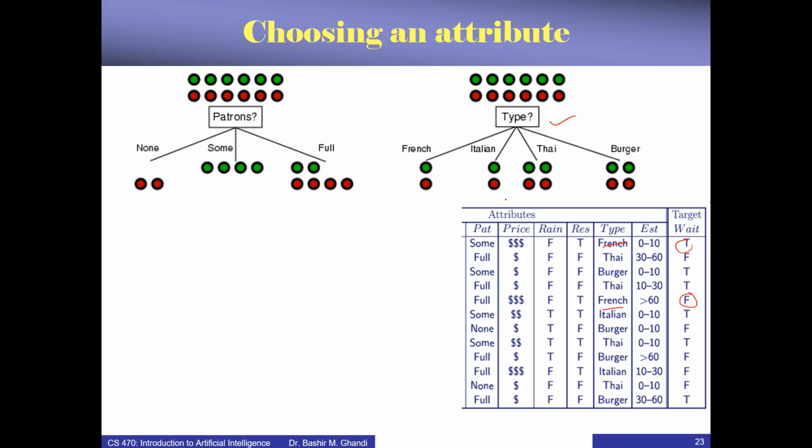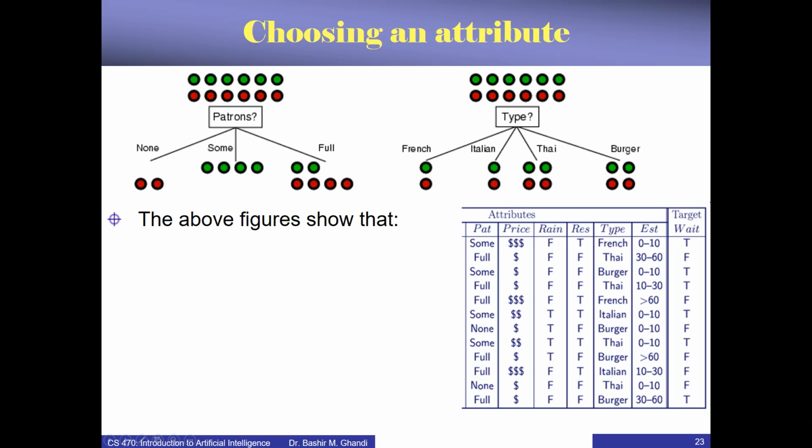The same thing for Italian: one is true and one is false. For the Thai, there are four of them, again two are true, two are false. And for the Burger, the same thing, two true, two false. So this is a very bad attribute to use, because it's not allowing you to reach a leaf node.